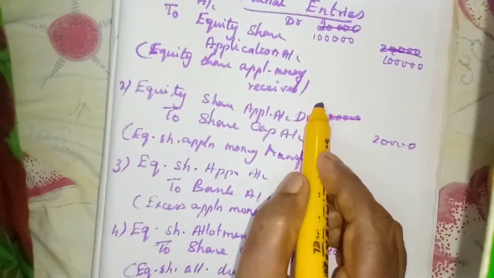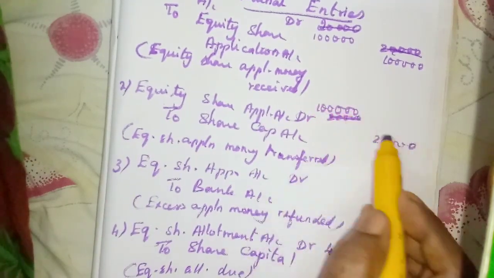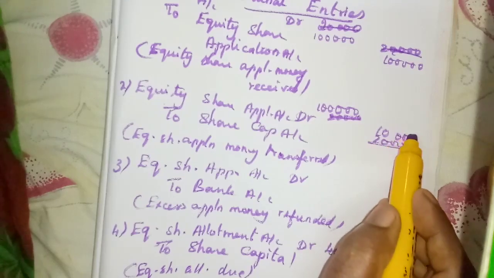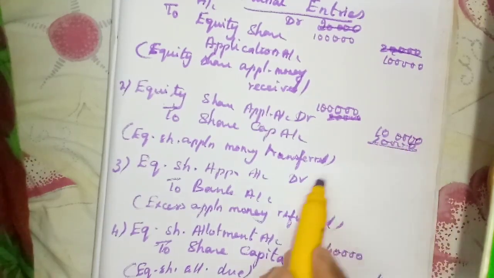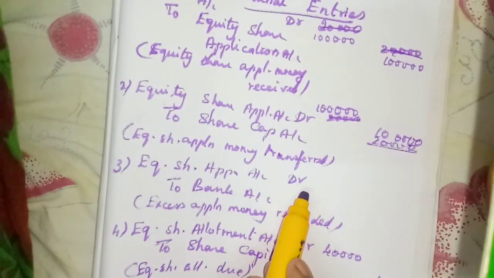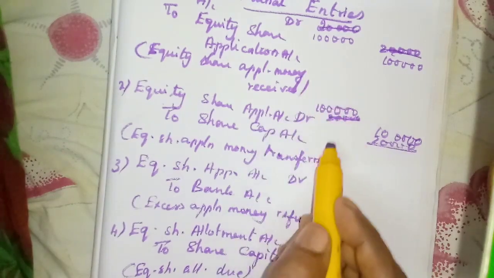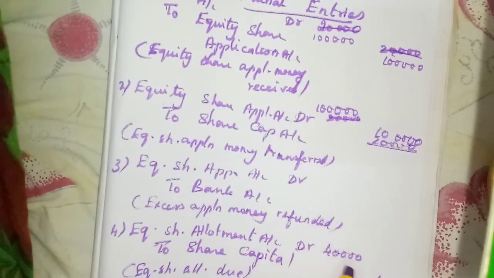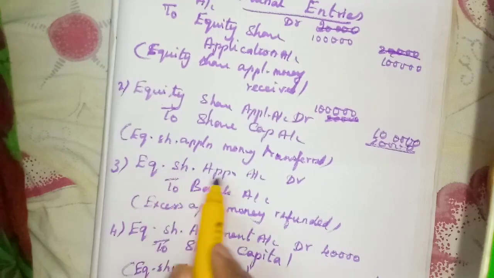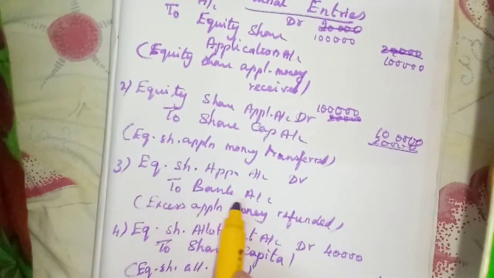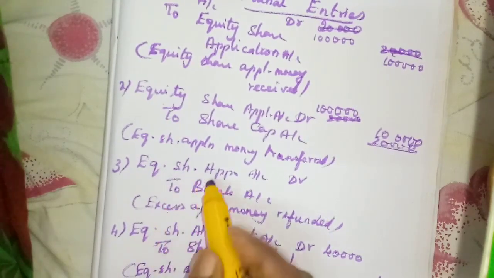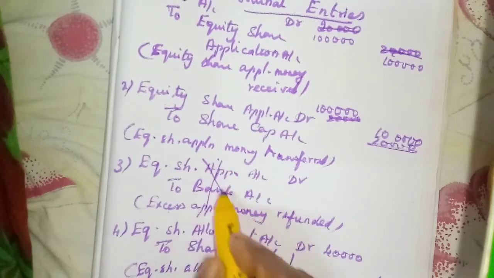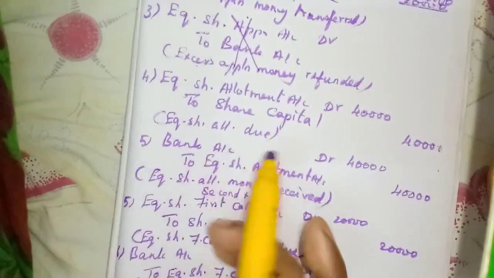The same amount, isn't it? Then 2 on application, then 4 on allotment, 4 rupees. So equity share application account debtor to bank account, so this one will not come. Okay, excess. No excess.